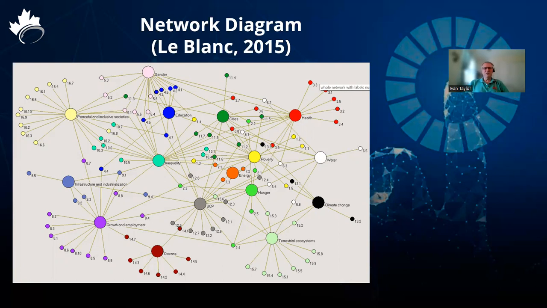And so you can see that each of the goals is connected to the other goals through the different targets or sub-goals. So we found this useful for connecting the goals together in a causal loop diagram and in a system dynamics model.